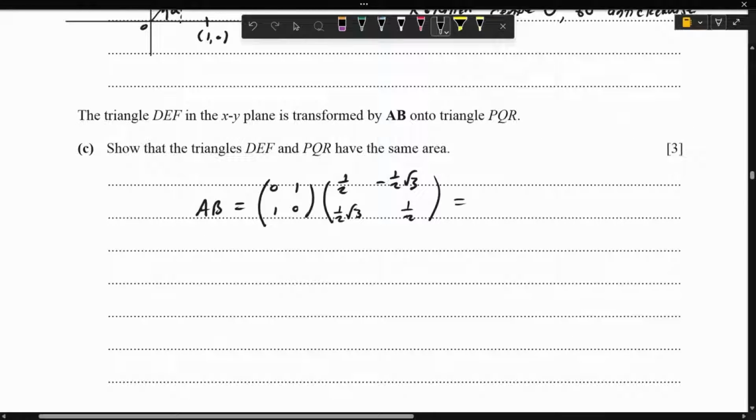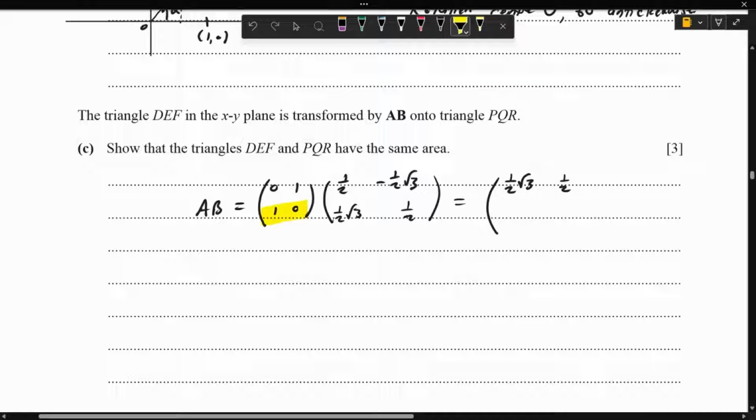So we're going to simplify this. We will do row and column, and for those two, that's going to give us half root 3. Next, we do row and this column, and this gives us a half.